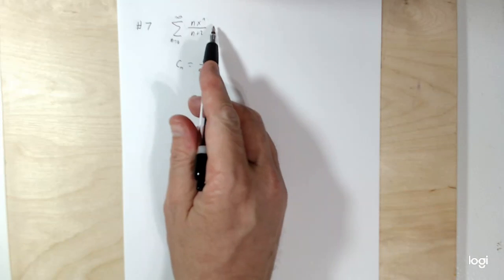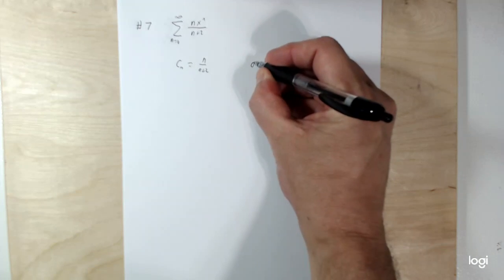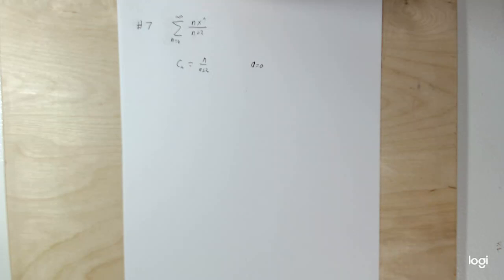Notice we just have an x to the n, not an x minus a. In that case, a is 0. A series where a is 0 is often called a Maclaurin series, and we'll discuss that more when we look at 10.8.